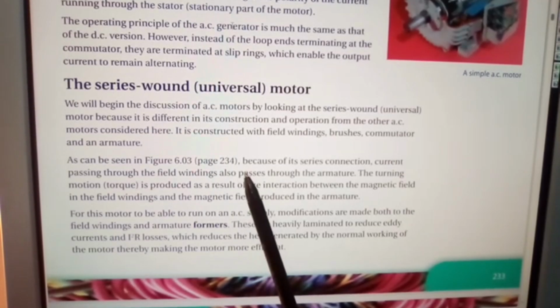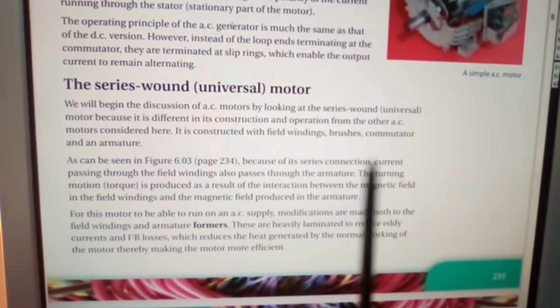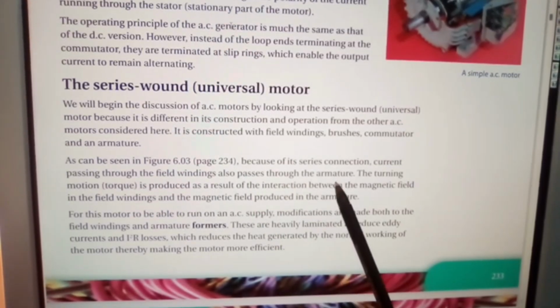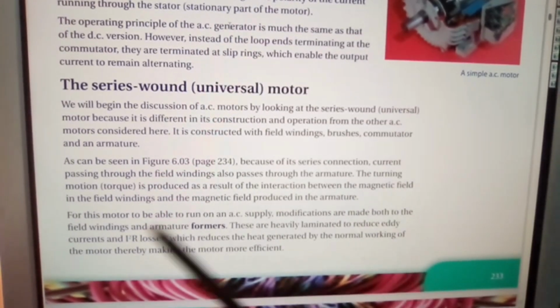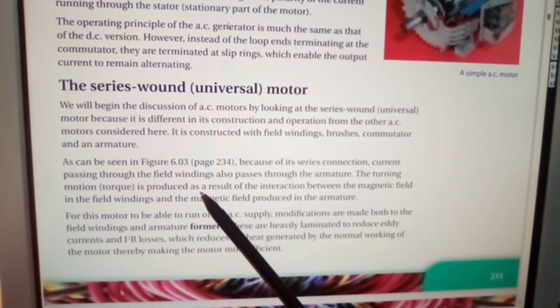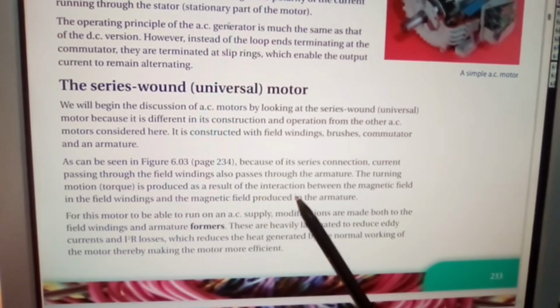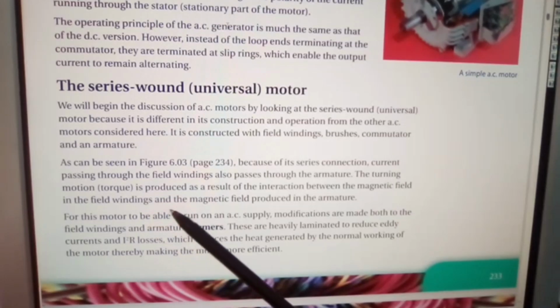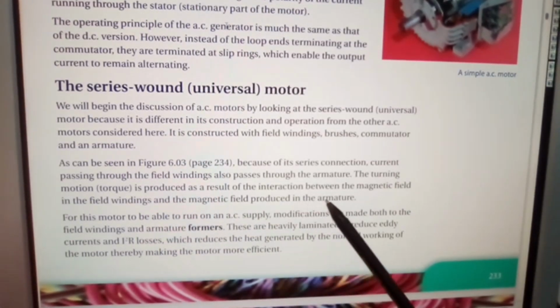Because of its series connection, current passing through the field windings also passes through the armature. The turning motion torque is produced as a result of the interaction between the magnetic field in the field windings and the magnetic field produced in the armature.